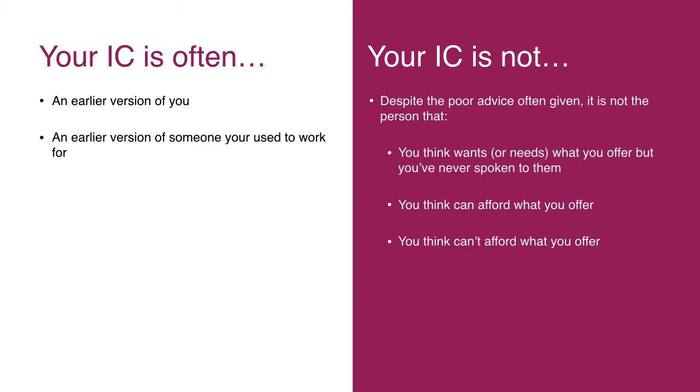It's not the person that you think can afford what you offer. And also it's not the person that you think can't afford what you offer. Now, I know that one might sound a bit tricky, but basically you cannot make assumptions for people. You're not going to sell somebody in rented accommodation on government assistance a £500,000 car, because they cannot afford that.